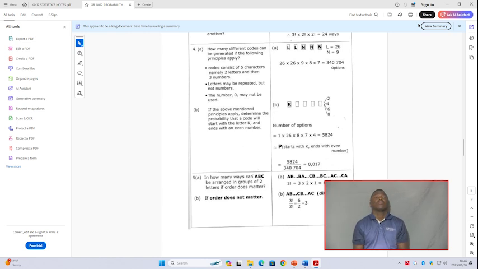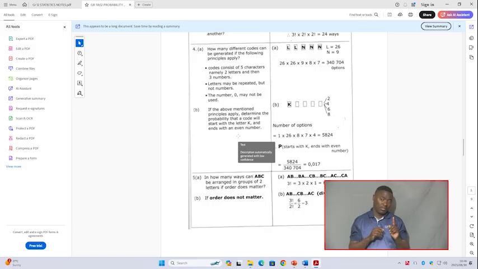Right. Okay. Now the second part, people, take note. It says, if the above mentioned principles apply... There are 5 positions. 2 of them are letters, 3 of them are numbers, and the letters can repeat, but the numbers may not.